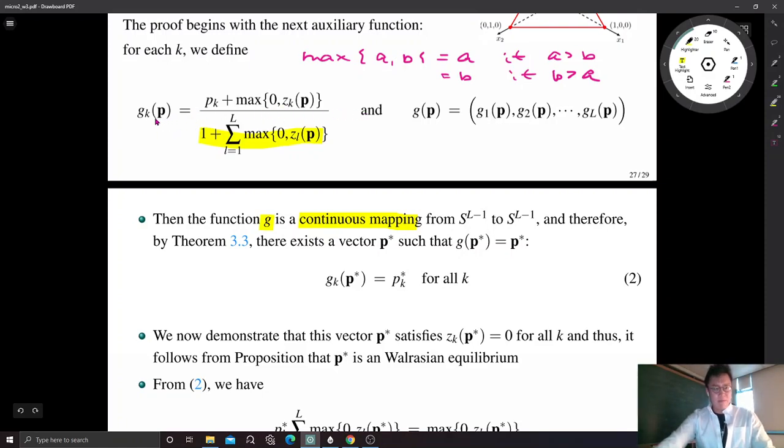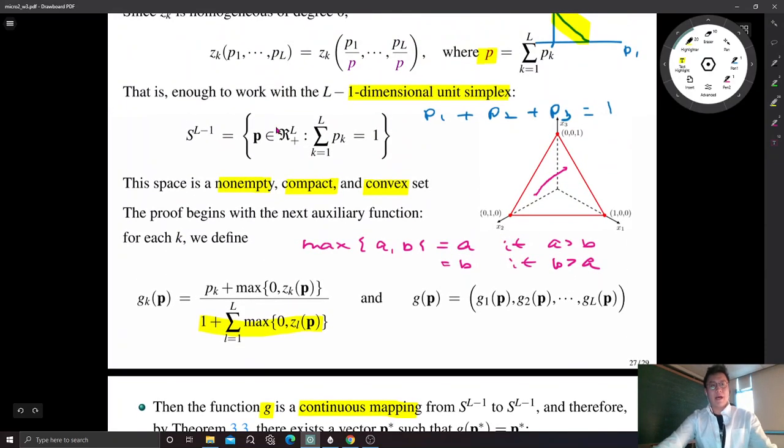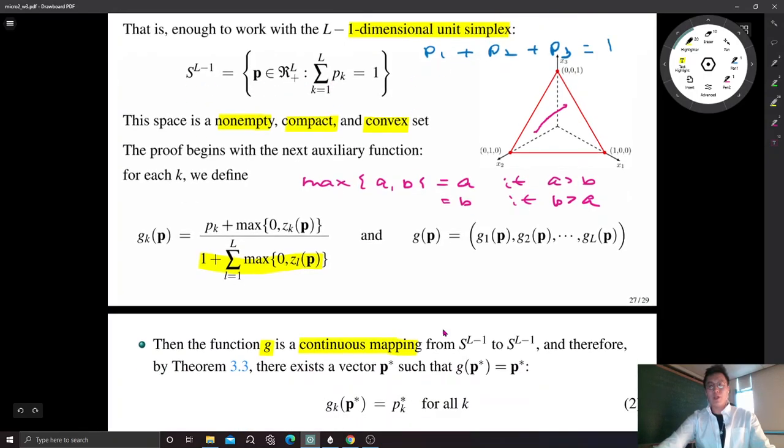Okay? And then it is defined on p, the price vector, but we normalize the price vector to the unit simplex. So the domain is non-empty, compact, and convex. And furthermore, this function's codomain is also the unit simplex.